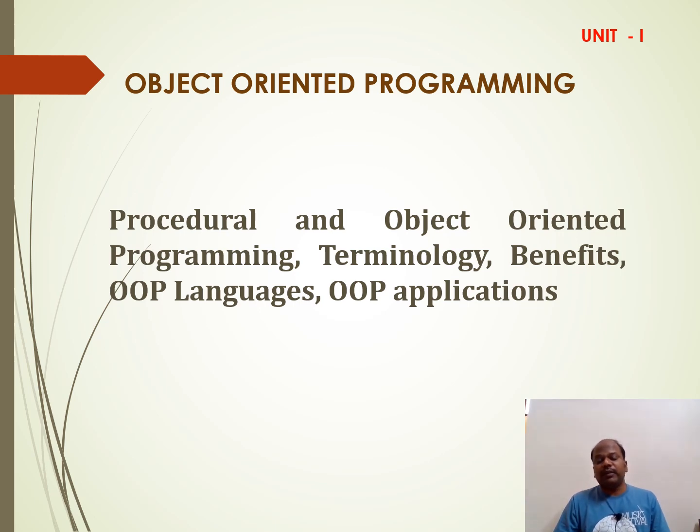We are going to learn about the terminology of OOP and POP, the benefits of POP and OOP, the different OOP languages, and the applications of OOP. So these are the topics in unit 1: Introduction to C++, functions in C++, and object oriented programming in C++.